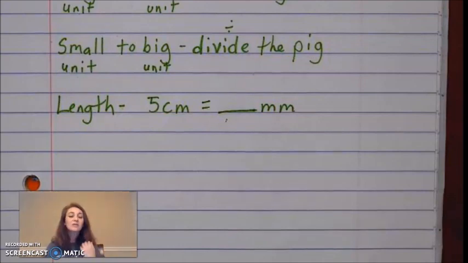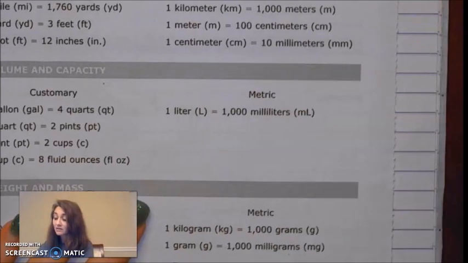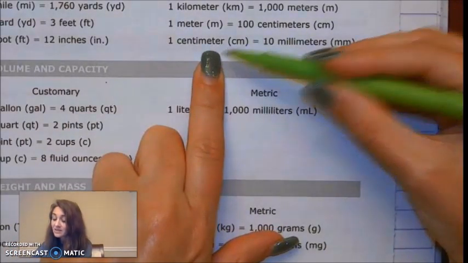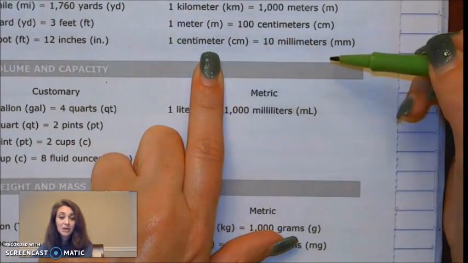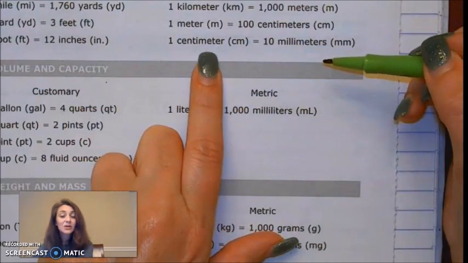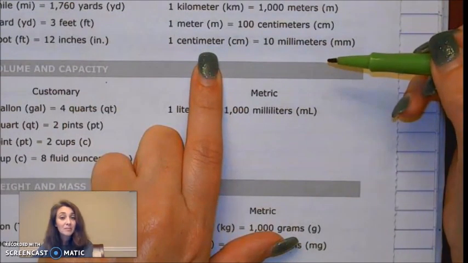What I want you to do is look at your reference material and see how many millimeters are in a centimeter, or see how many centimeters are in a millimeter. Find out which unit is big and which unit is small. So if we're looking at it, I see 1 centimeter equals 10 millimeters. So that means a centimeter is bigger than a millimeter.